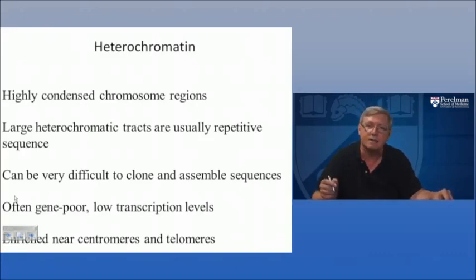And even if you can clone and sequence them, they're very difficult to assemble uniquely because they all have almost exactly the same sequence. In addition, heterochromatic sequences are typically gene poor with low transcription levels, and they're enriched near the centromeres and at the telomeres of many organisms, including humans.